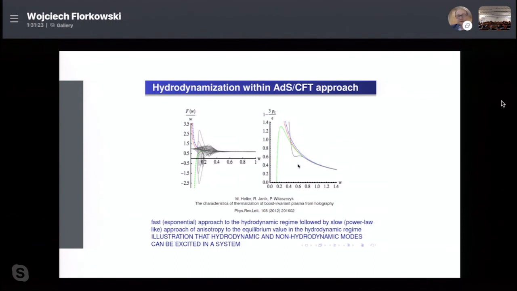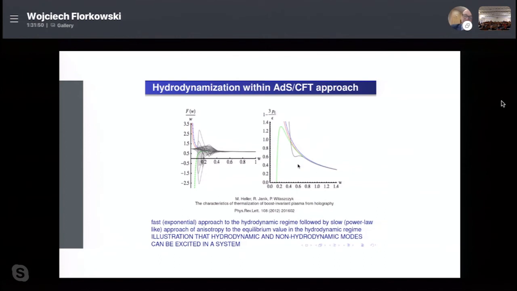This idea of anisotropic hydrodynamics was also triggered by the idea that we can push the applicability of hydrodynamics to situations where it is usually not applicable, I mean, situations where gradients are large or the anisotropy of pressure is large.